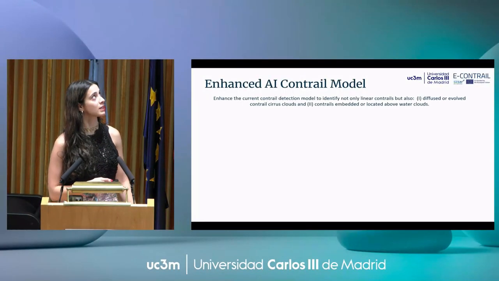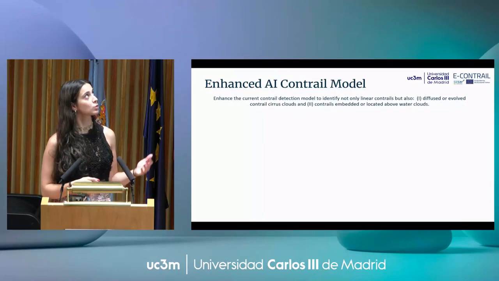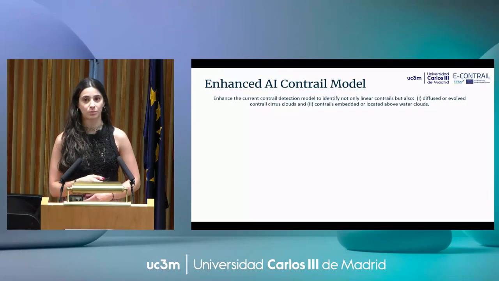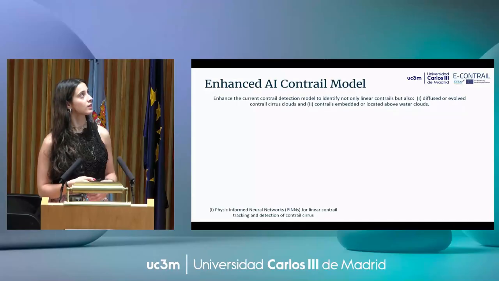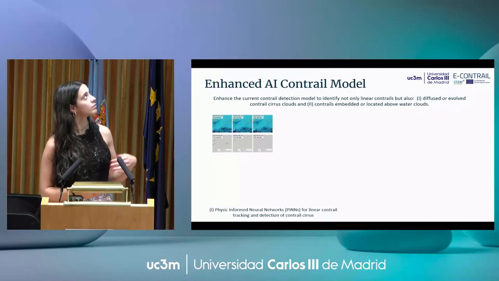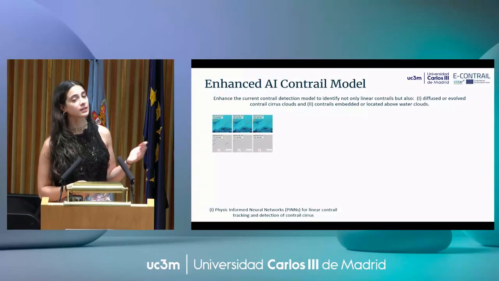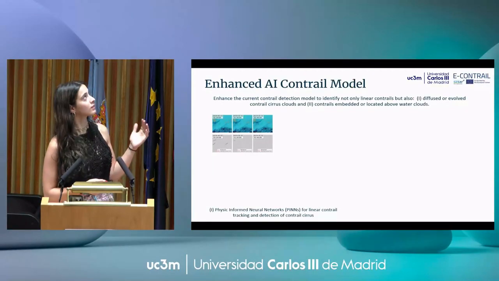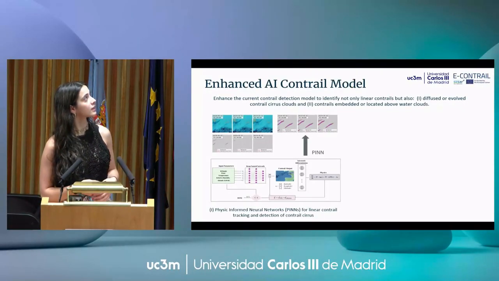And also some of the work that I have ongoing and that I will do in the next steps of my PhD is to try to enhance the AI contrail detection models, as I said, to not only detect linear contrails, but also those evolved or diffuse, because right now when I apply the contrail detection model, if it's an old contrail, we cannot detect it.